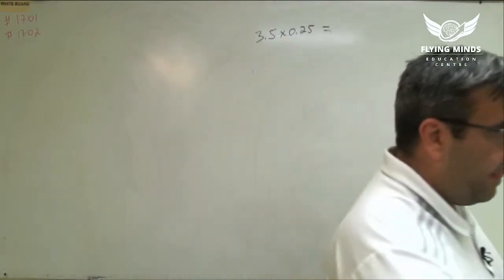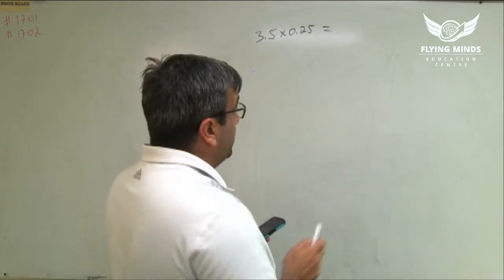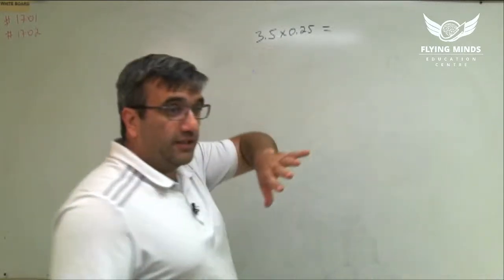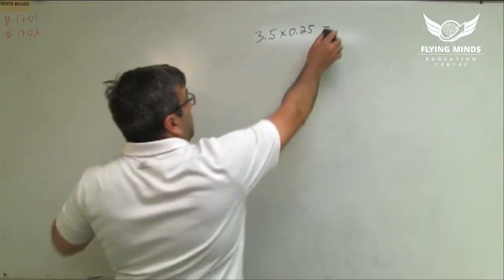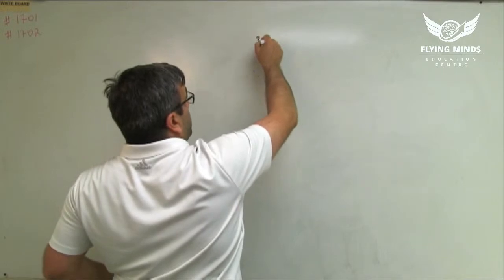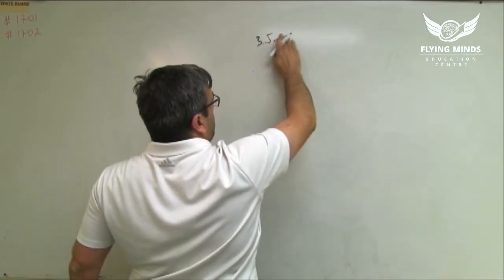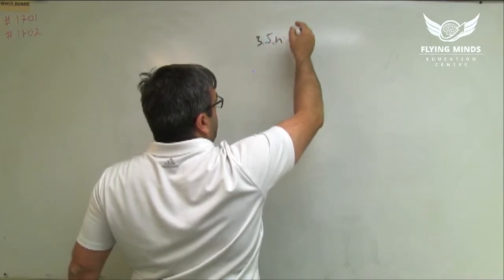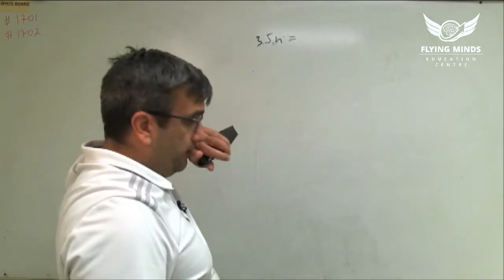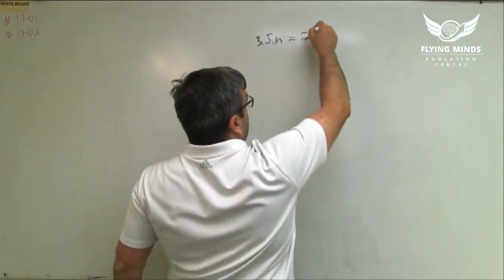Actually, yeah, another catch, right? You see, I used hours, but the answer is in minutes, so it would be easier to convert 3.5 hours into minutes, right? So 3 hours will be 180, so 210 minutes, right?